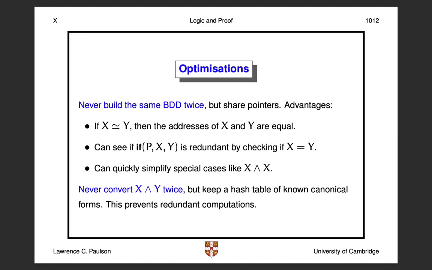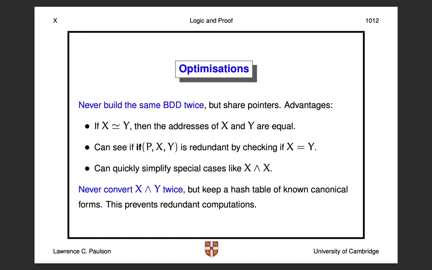It also means we can test for a redundant test trivially, because it is enough to test whether the true and the false links from a particular variable are the same. So logical equivalence is reduced to identity, which is trivial to test.